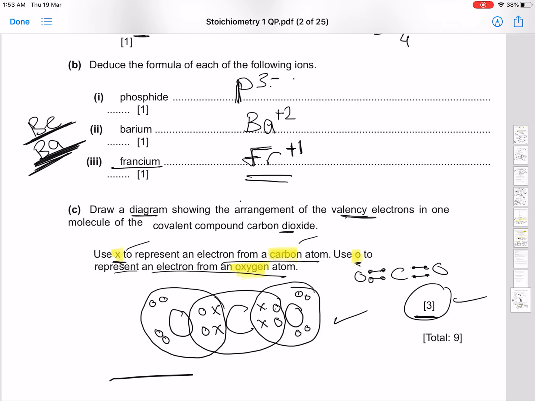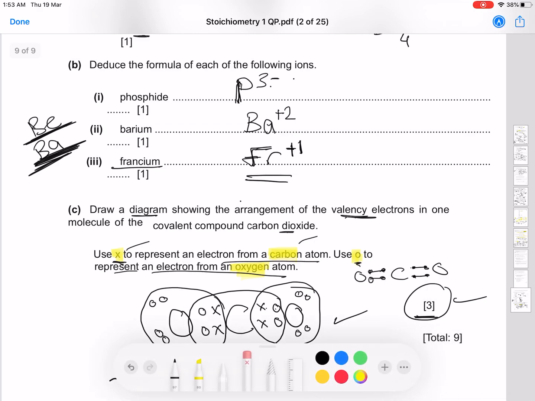It was covering bonding, like covalent bonds, as you see in this question. Also, it was covering ions, how to write the ions. So it's covering more than one chapter. A lot of organic questions also came. I hope you find the tutorial beneficial for you.